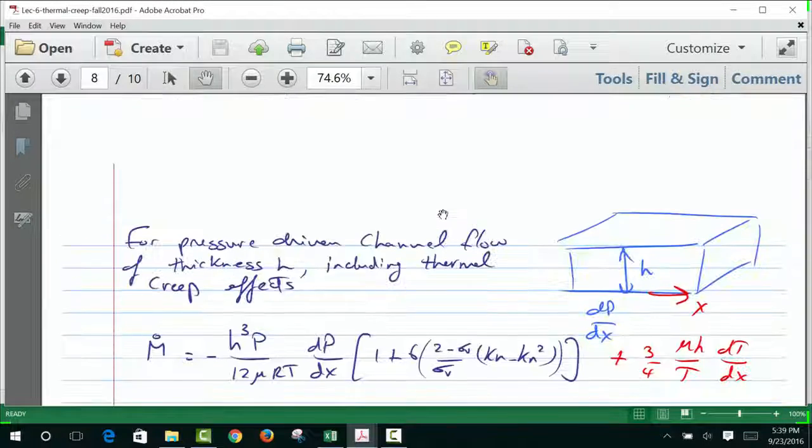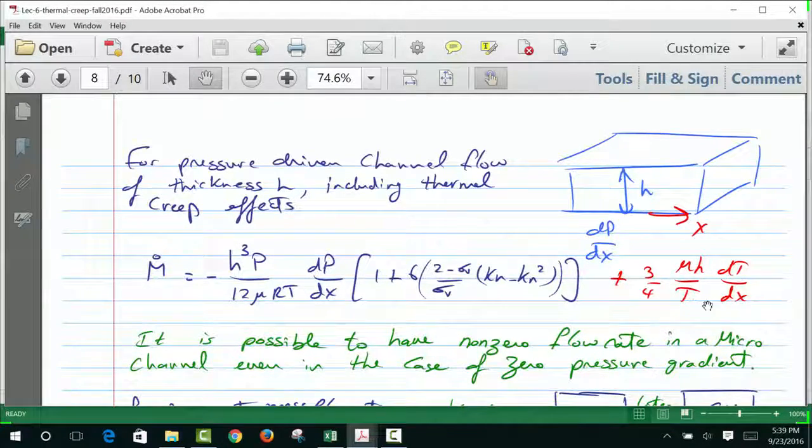Okay? Very good. So we saw that relation in the previous lecture for the Couette flow. I showed you how the velocity increases because of the thermal creep. And here is for a pressure-driven flow. So, pressure-driven channel between two parallel plates, height H and infinite depth.